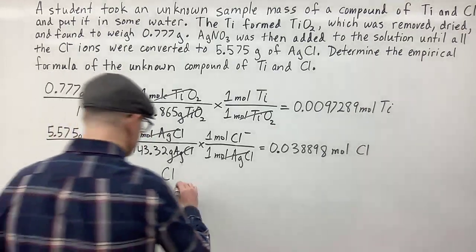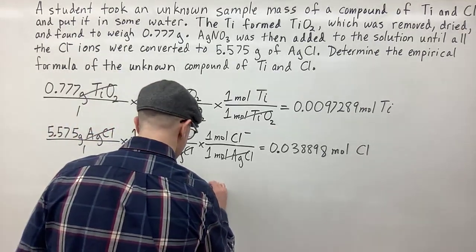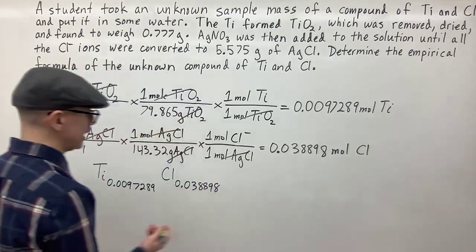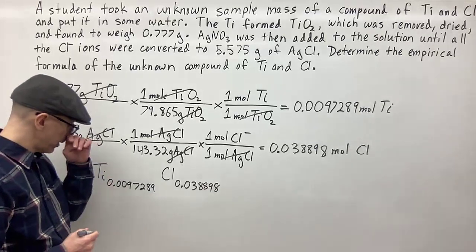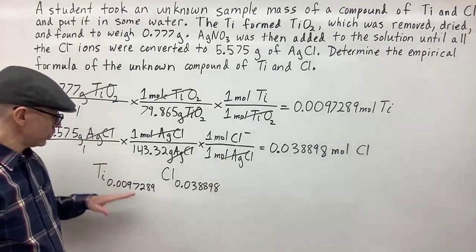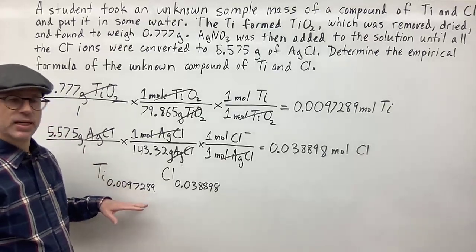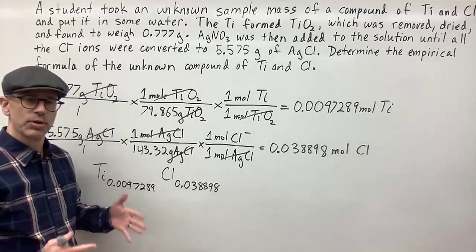And then for chlorine, it'll be 0.038898. Now, you don't need all of these digits. I'm just being ridiculous here a little bit. So you could keep 3 or 4 digits. You just don't want to round too much because you want to get a whole number ratio or a nice number that's going to work out.